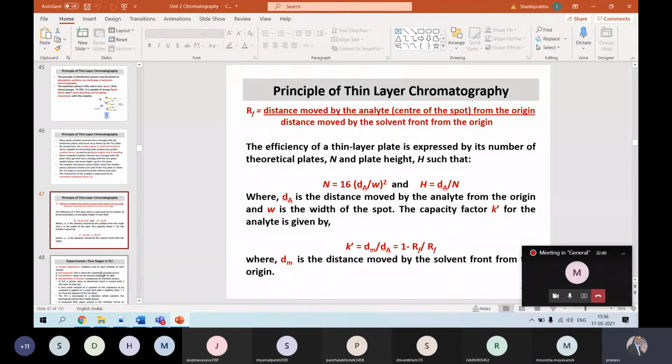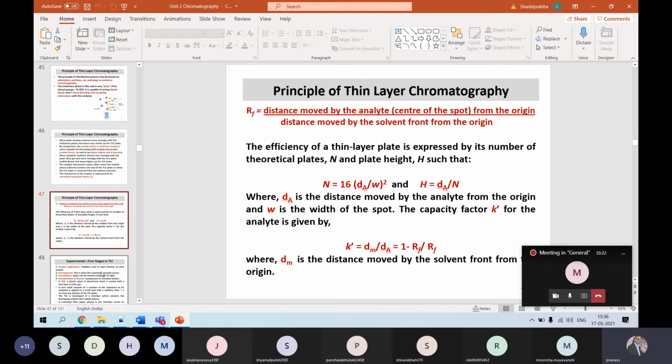There it was retention time, what we studied last time was retention time. So here it is the distance moved by the analyte from the origin. And W is the width of the spot. This is a spherical spot, so the width of this spot would be the width of the peak, which you understood in your other chromatographic techniques.